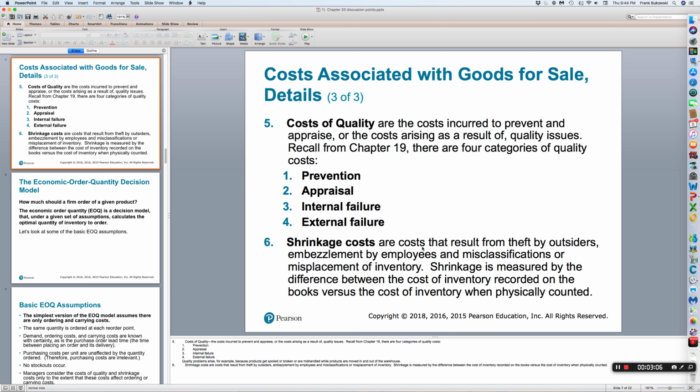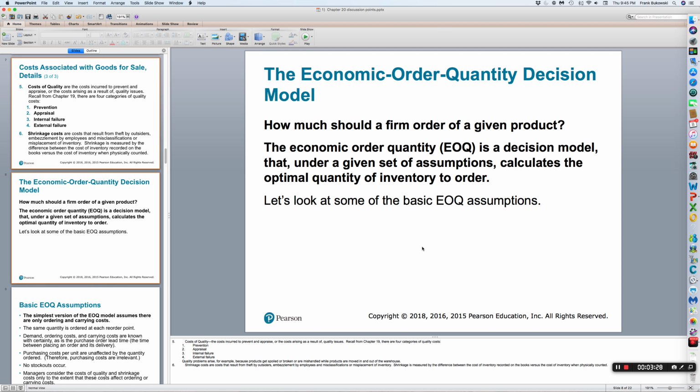Shrinkage costs are costs that result from theft by outsiders, by embezzlement or stealing by employees, and or misclassifications or misplacement of inventory. The way that we calculate shrinkage is the difference between the cost of inventory that's recorded on our books versus the cost of inventory when we physically count it.